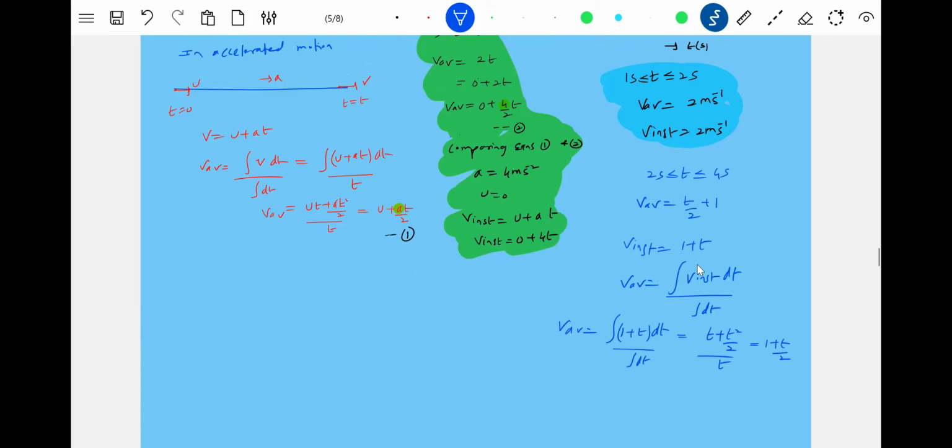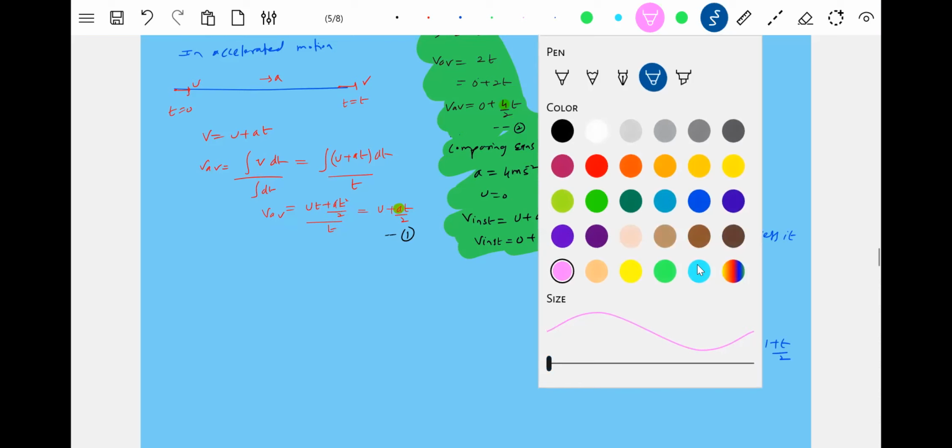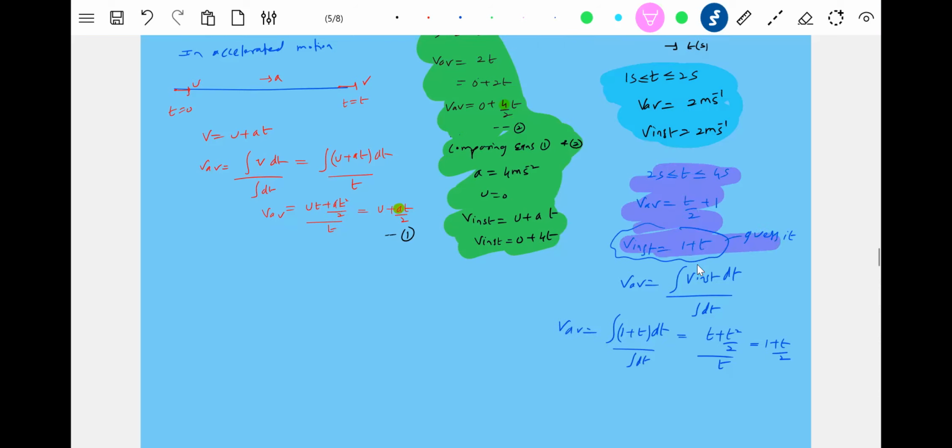Okay, I think I made a good guess. You have to guess it and calculate an average value, then it should satisfy this equation. Okay, now we are in a better position to plot the equivalent graph.